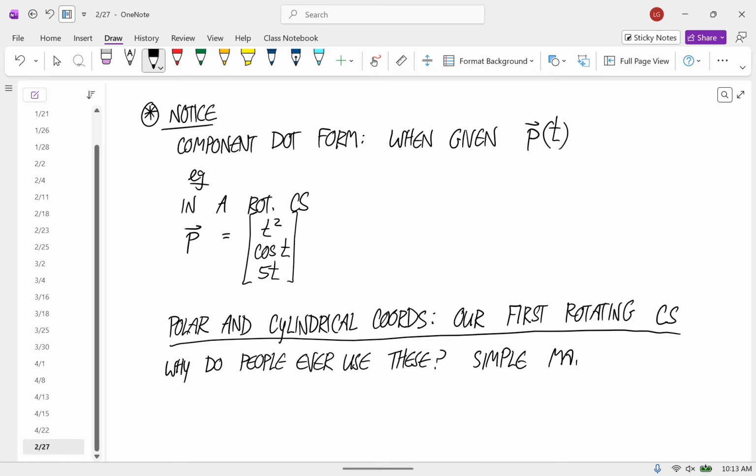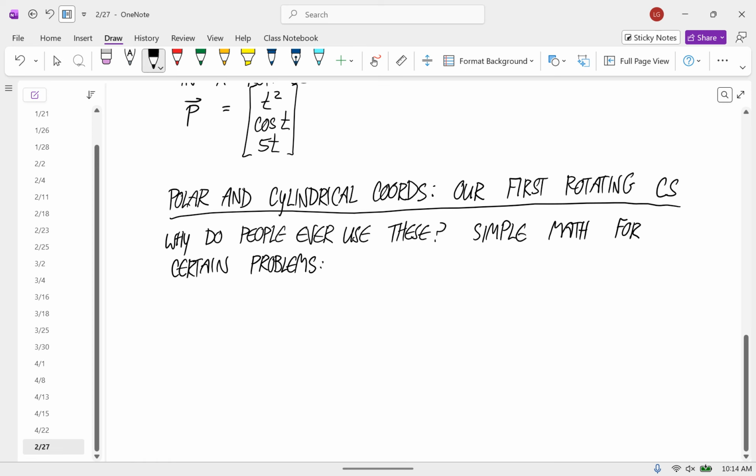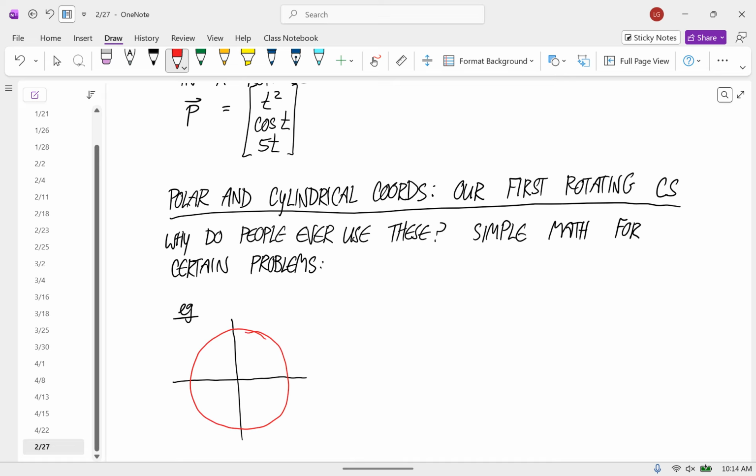So there's simple math in polar and cylindrical coordinates for certain types of problems. So like, for example, if you have, that's just a guideline for me.